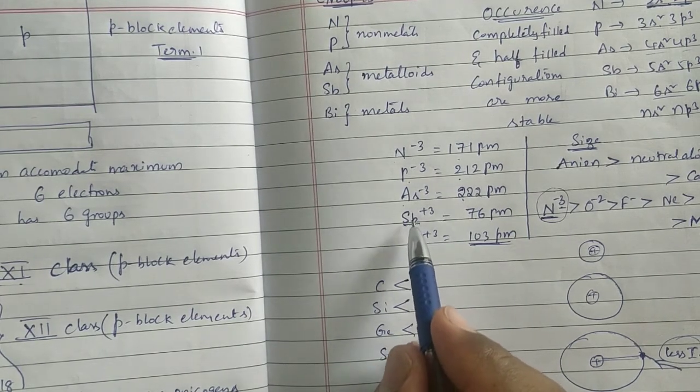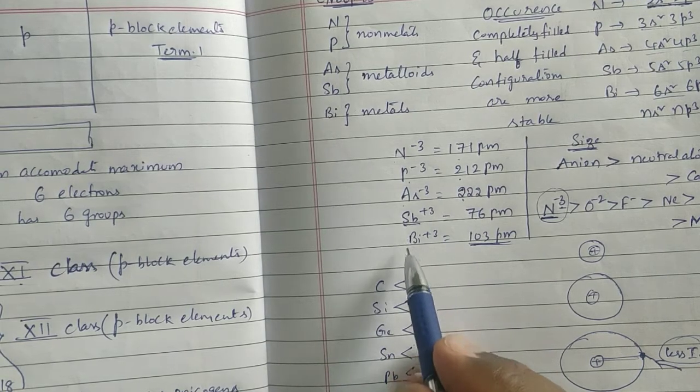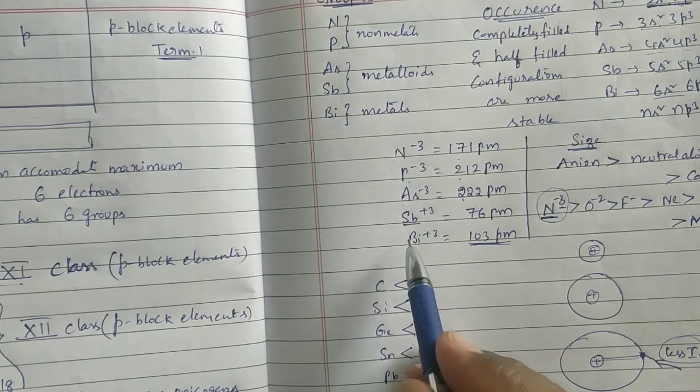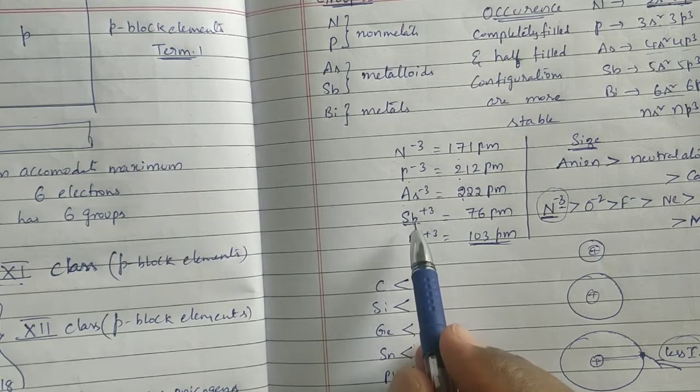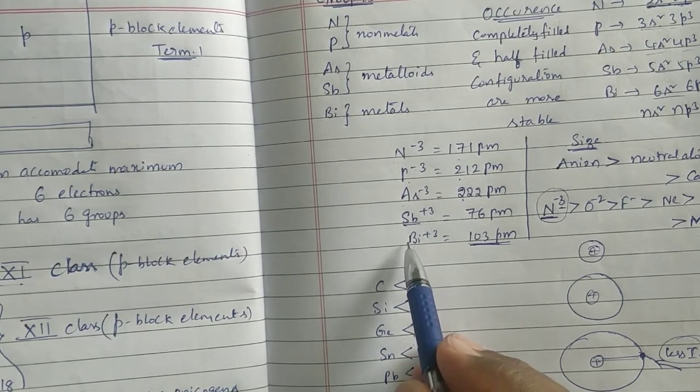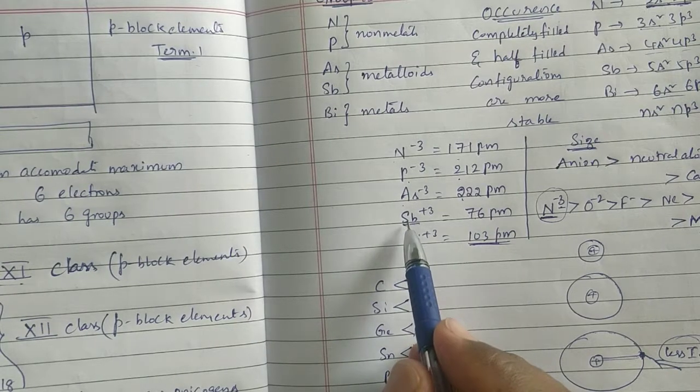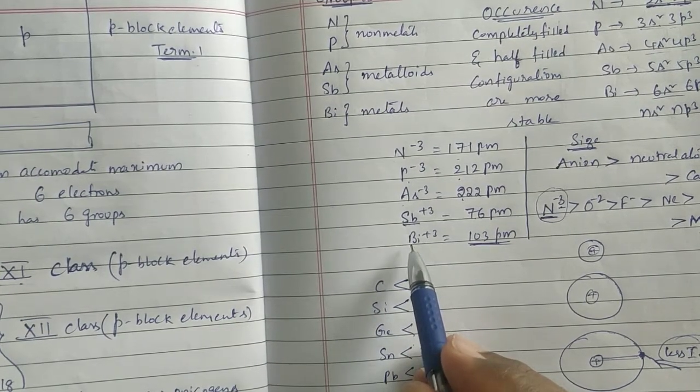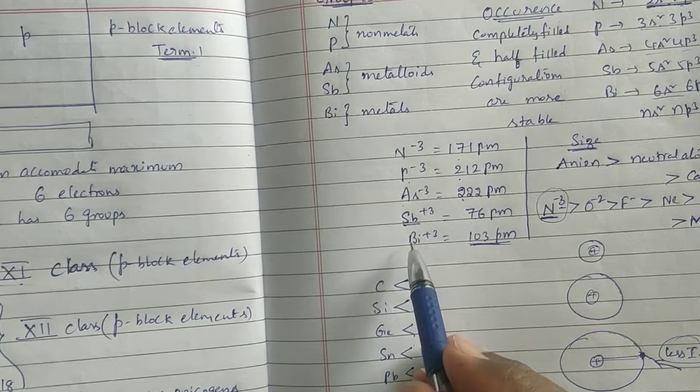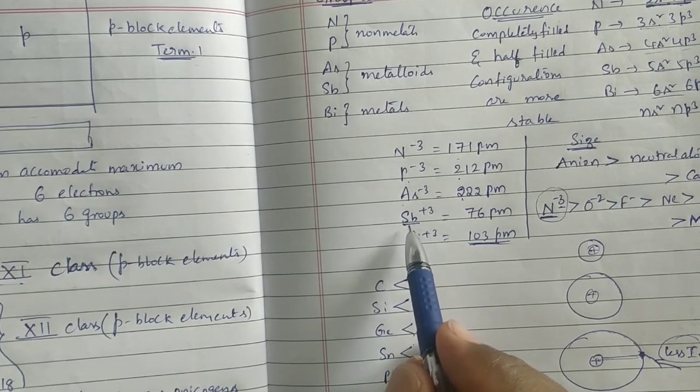Coming to stibium, that means antimony and bismuth, they can show plus 5 also. But among antimony and bismuth, which can show plus 5 oxidation state easily? Stibium. Bismuth does not exist in the form of plus 5 easily when compared to stibium.